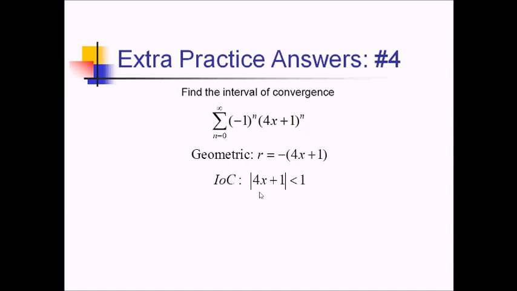So let me go ahead and just say negative 1 less than 4x plus 1 less than 1. And now solving for x, I'm going to subtract 1 from everywhere. So this is a negative 2, this is a 4x inside, this is a 0 on the other side. Dividing everything by 4 now to get x completely by itself, we have negative 1/2 less than x less than 0.